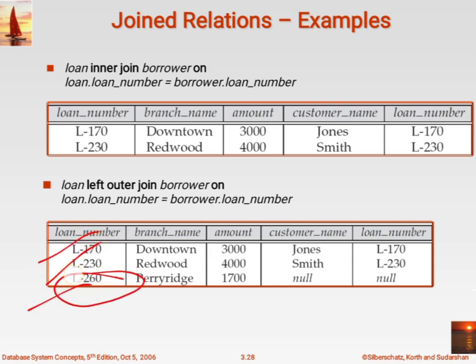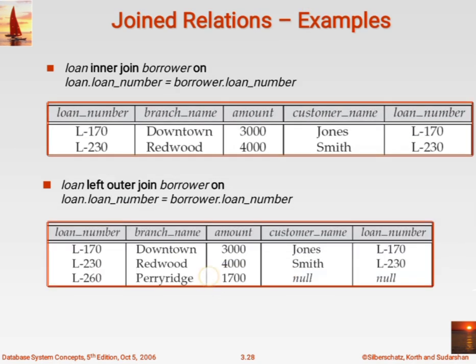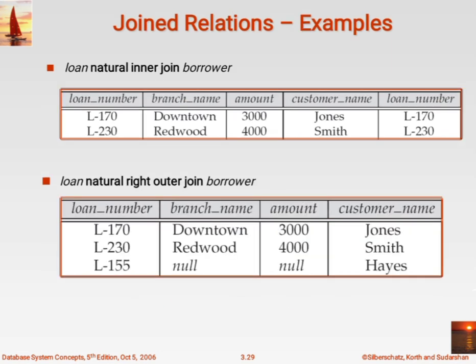So here I am having 260 and here I am having 155. You can see I am having branch name as null and amount as null, but the customer name is there. Here branch name is there, amount is there, but customer name and loan number are not there.